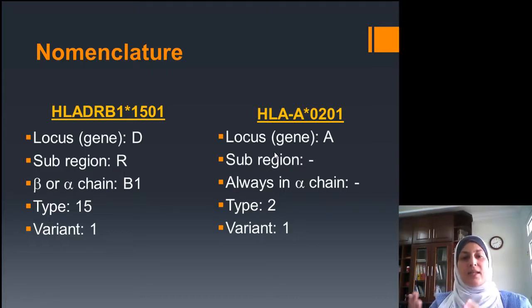It means the HLA typing, and when we do HLA typing, we are trying to get as close as possible to the type of the HLA molecule presented on the cell surface. Remember, HLA class 1 are presented on all nucleated cells, while HLA class 2 are presented only in antigen-presenting cells: macrophages, dendritic cells, and B cells.